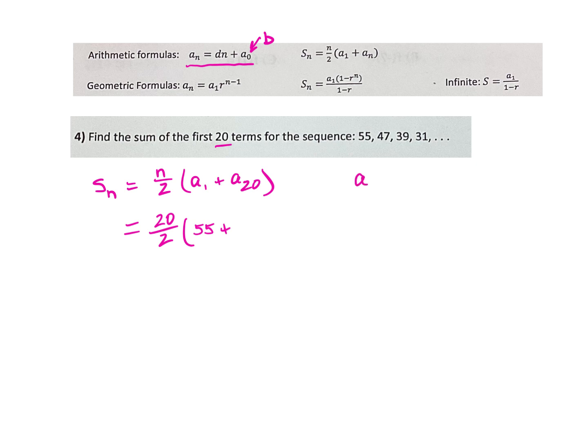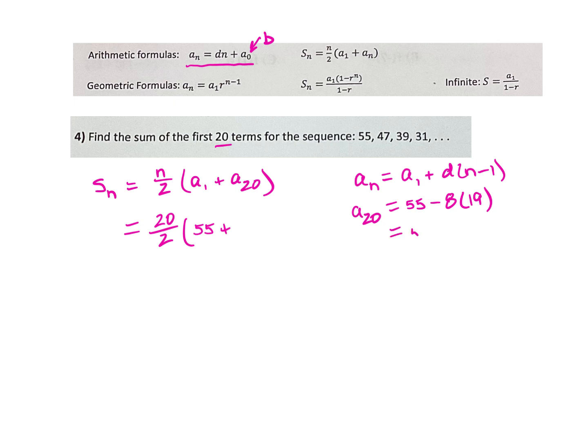But the formula he wants you to use, and that he used to get the answer in his key, is a sub n equals a sub 1 plus d times n minus 1. And so if the first term is 55, and n is 20, we're looking for the 20th term, and d, it looks to me like the numbers there are going down, they're dropping by 8, so it's going to be minus 8 times n minus 1. 20 minus 1 is 19.